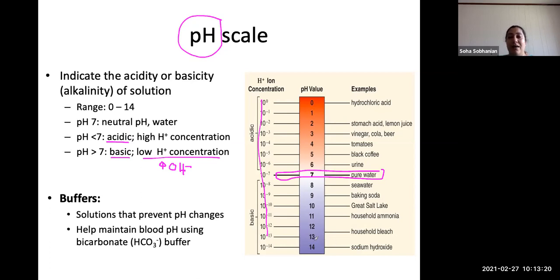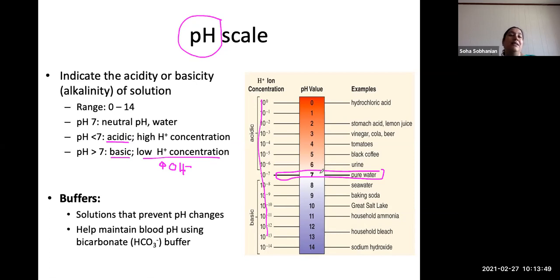So think about it: if you are coming close to 7, are you becoming stronger or weaker? 7 is neutral, so the closer you get to 7, the weaker you become, right? The farther you are from neutral, the stronger. So the question is, what is the second strongest base based on this chart? It would be household bleach, correct?